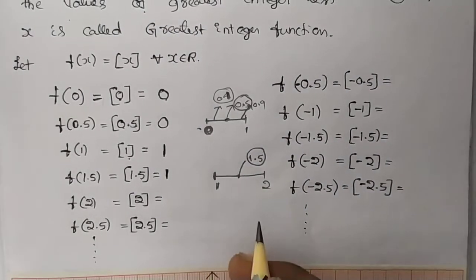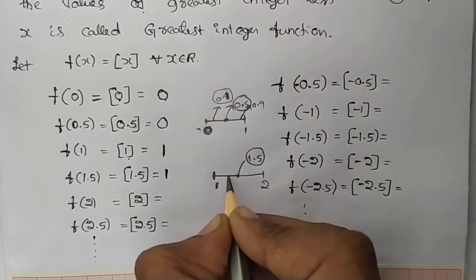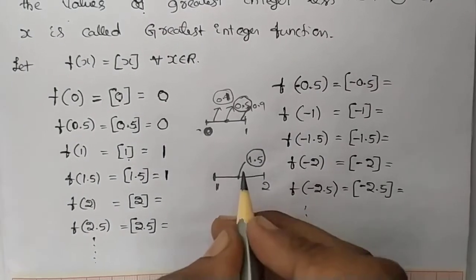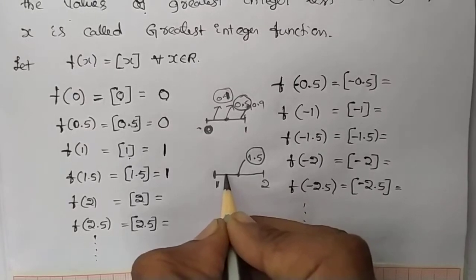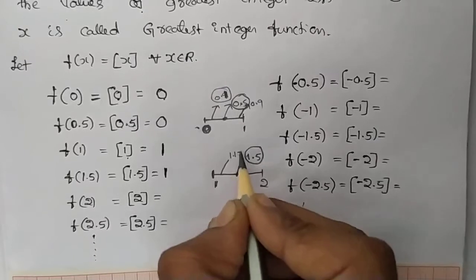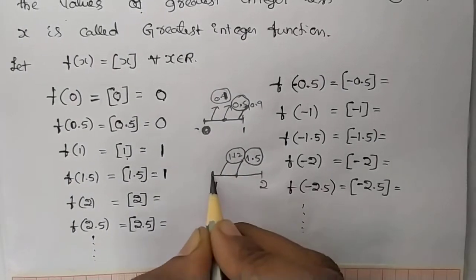You just think, what about the greatest integer for the value 1.12? 1.12, where it will come? Maybe here it will come, 1.12. The greatest integer for the value 1.12 will be 1 only.